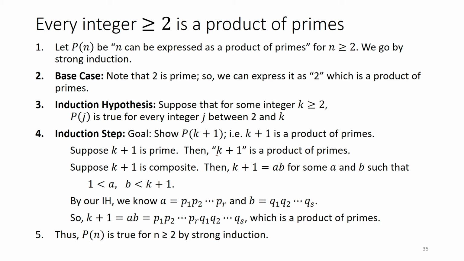So all the components are prime, and this is a product of primes. That's why P of n is true for all natural numbers n greater than or equal to 2 by strong induction.